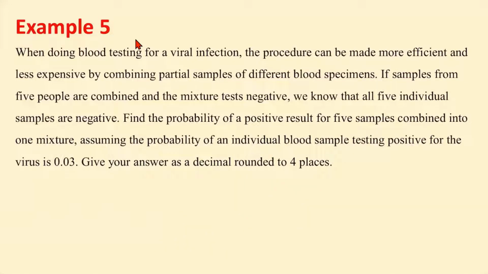Okay, here is example 5. Let's see what is going on here. When doing blood testing for viral infection, the procedure can be made more efficient and less expensive by combining partial samples of different blood specimens.